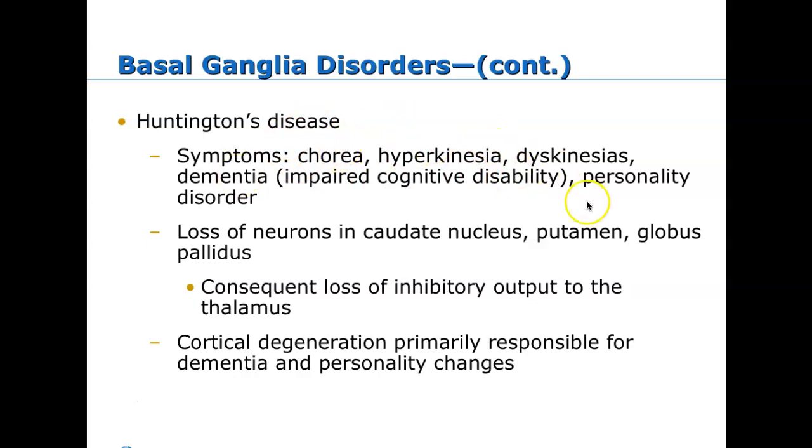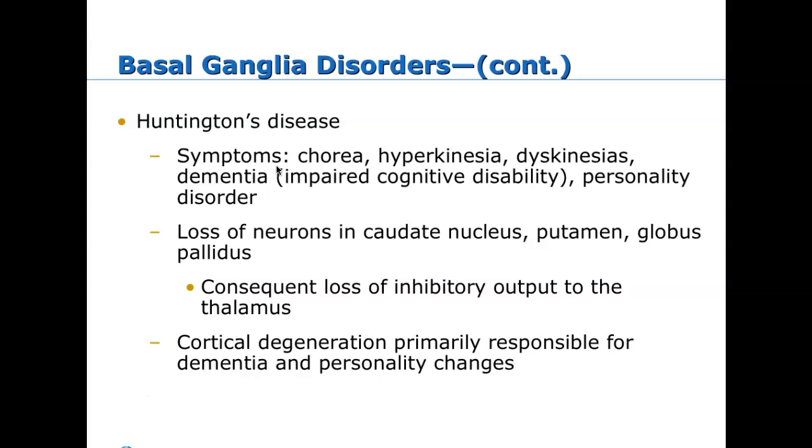The chorea is followed by dementia and personality changes, complete loss of personality, really, and it is a condition that ends in early death. So both of those diseases, Huntington's disease and Parkinson's disease, are the disorders of basal ganglia.